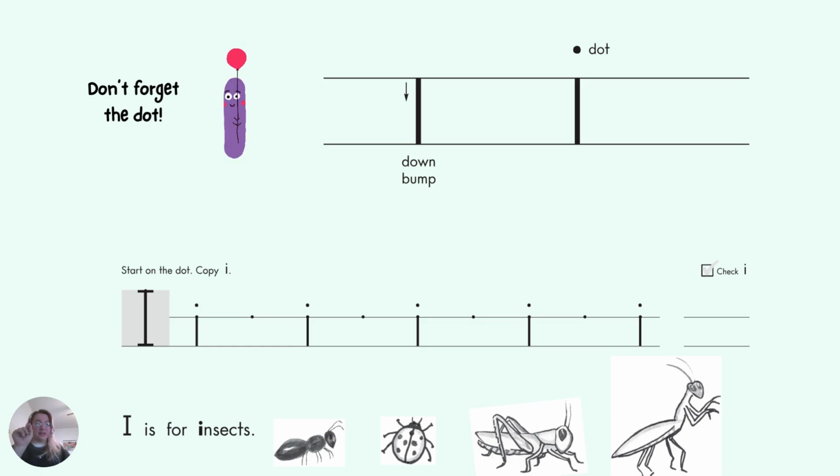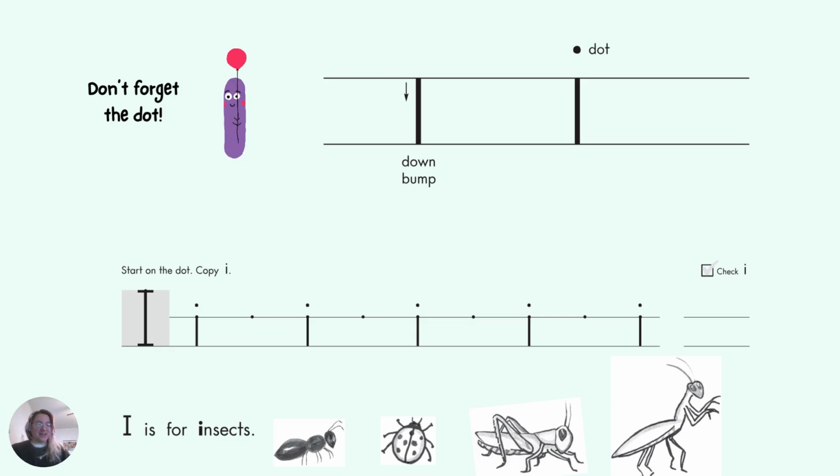We start at our middle line and we go straight down. Then we jump and we add a dot. Don't forget your dot. We add that last. So straight little line down, dot. You try. Start in your middle, bump down, add a dot.